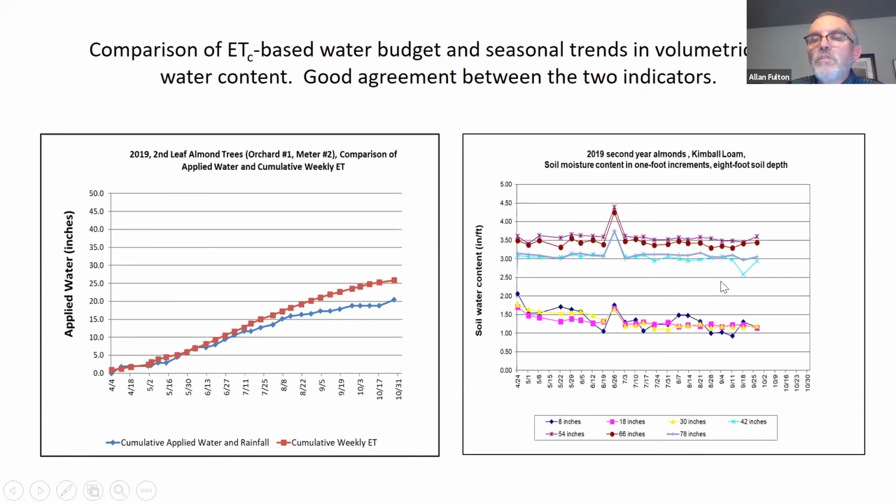Up here, the blue is your 4th foot, and then these are your 5th, 6th, 7th, 8th foot. The main point is, as the water budget suggests, we closely matched ET with applied water, and our soil water content measurements are pretty steady. We got one little blip here that I cannot explain. I tend to think it was an issue with our operation of our monitoring device that day. But the point is, there's pretty good agreement between the water budget and the soil moisture sensors.